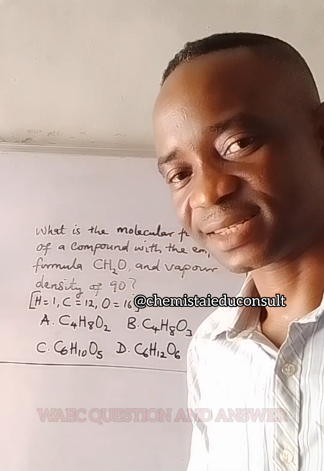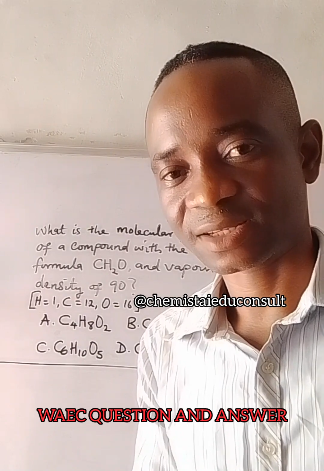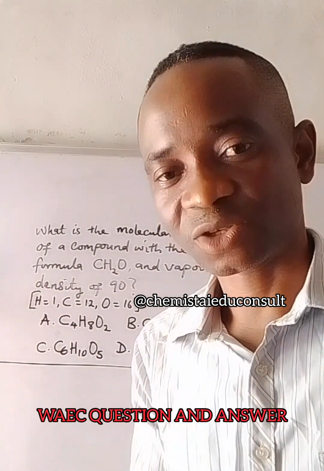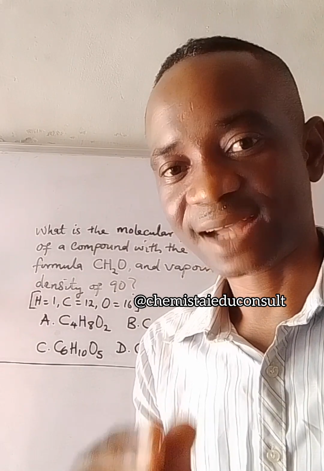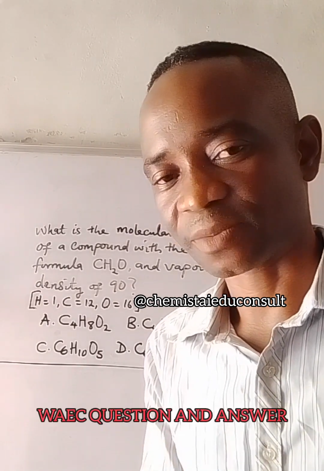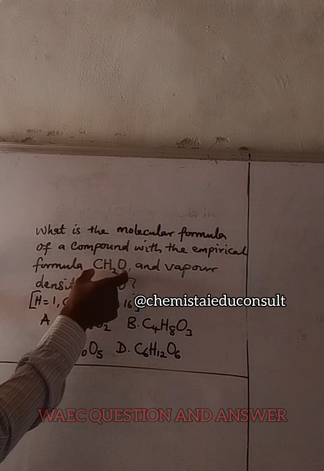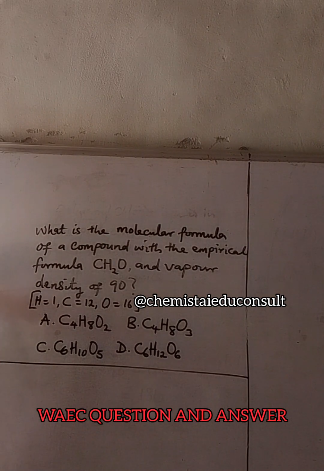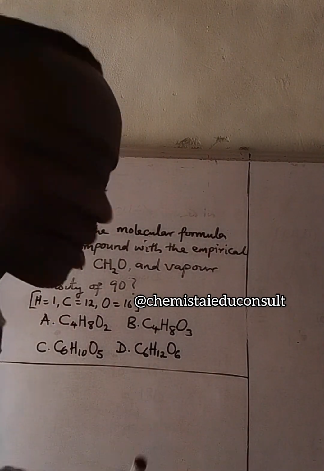Experiment proves that whenever a substance evaporates, the density of the vapor is half of the molecular mass of that substance. So from here, vapor density of this substance was given, not the molecular mass. But we require the molecular mass to calculate the molecular formula.